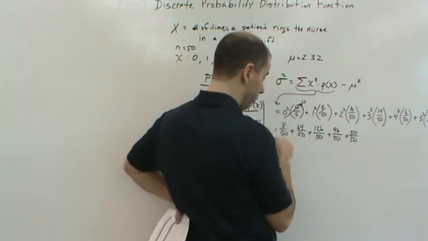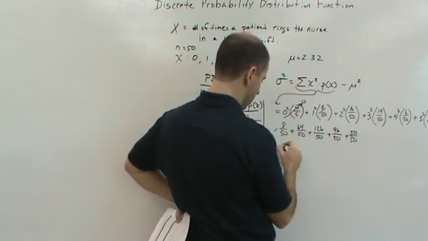So 294 plus 50 is going to be 344 over 50.